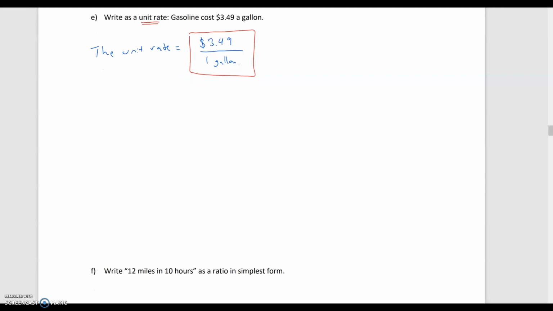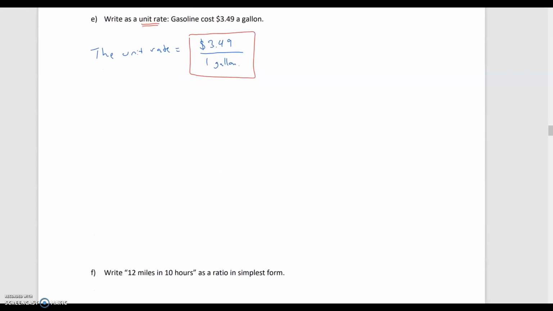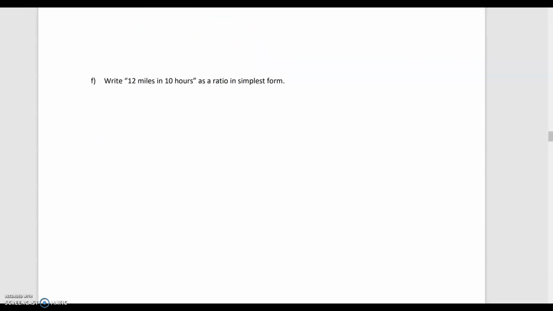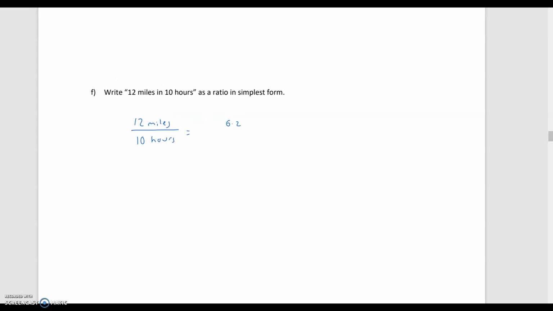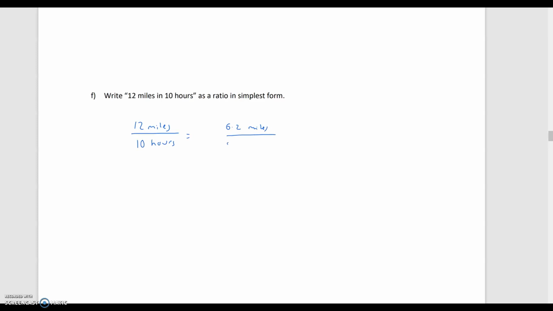Let's take a look at F. They want it as a ratio in simplest form. So you technically have 12 miles in 10 hours. And in this case, they may be comparing some quantities, so we're going to leave it as a fraction. So we're just going to have 6 times 2 miles over 5 times 2 hours.